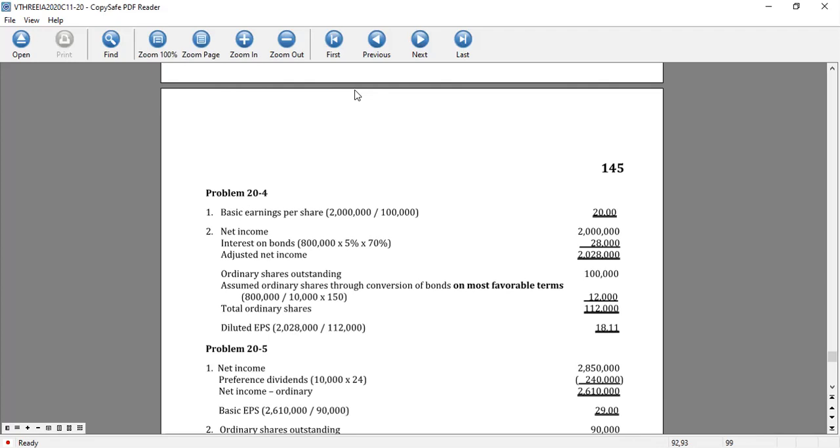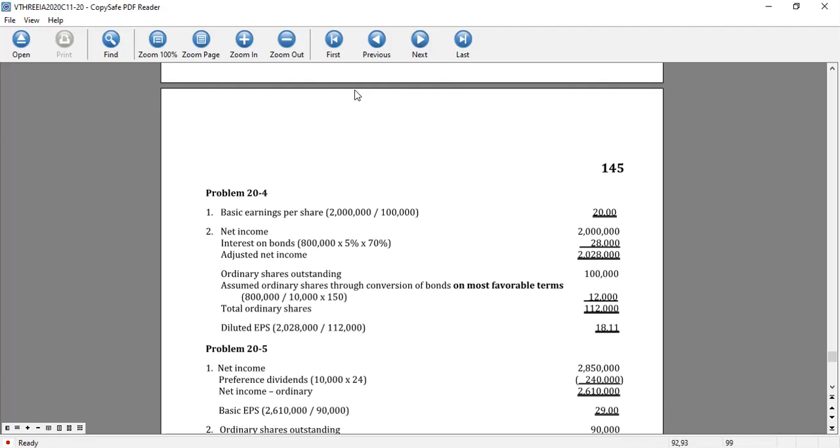As stated, since January 2020, there had been 800,000 of 5% convertible loan in this issue. The terms of conversion for every 10,000 nominal amount are, so we have now 150. That's on June 30, 2021.